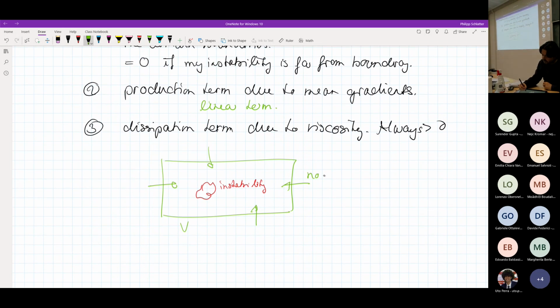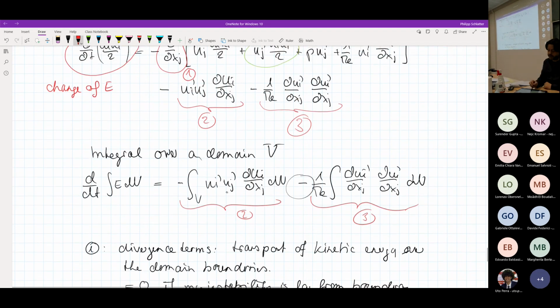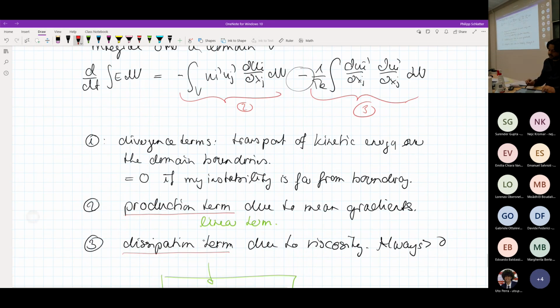So that means no energy flux over the boundaries. And then the only thing that determines the fate of the energy inside this domain is actually the balance between the production term and the dissipation term. And the production term is ui uj times dUi/dxj, and the dissipation term is this guy here, dui/dxj dui/dxj.